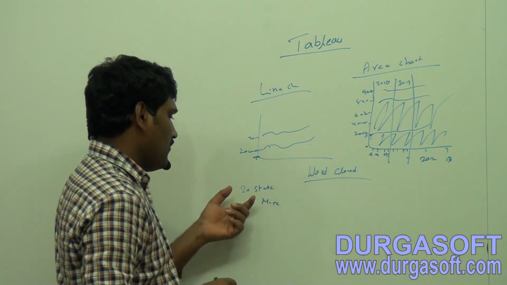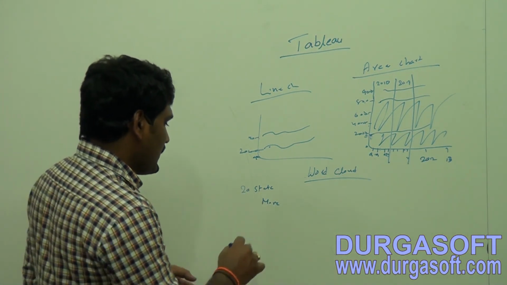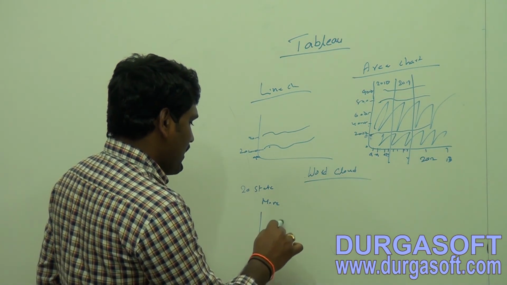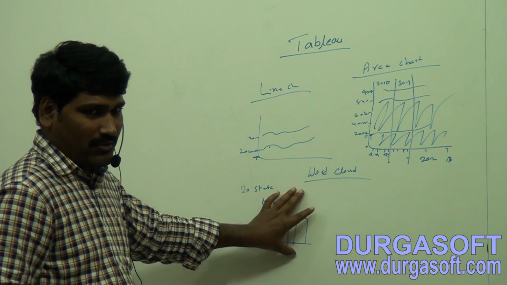when I represent state wise sales, I can represent that in a bar chart, and it will show you where the sales are higher, as the bar height is greater.